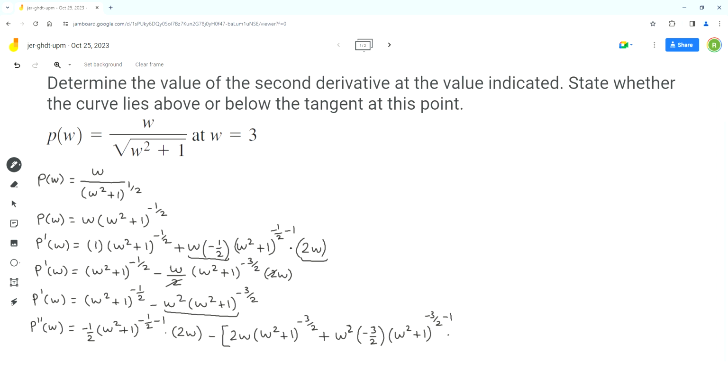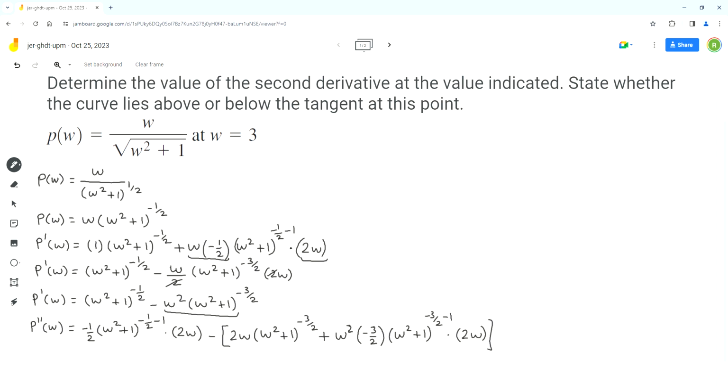The inner function is w squared plus 1, so the derivative will be 2w plus 0, but we can ignore the 0.